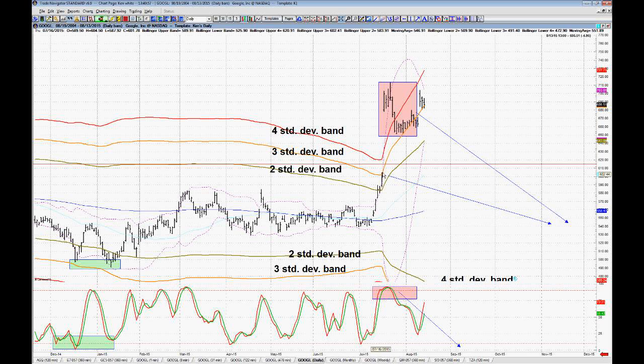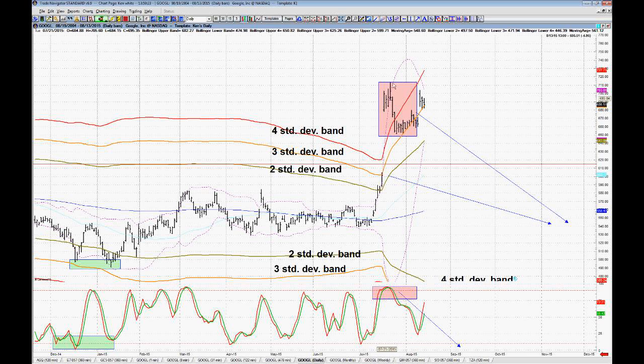Earnings come out. It explodes up through the 4. This would be the 5. This would be the 6. It probably reached the 7 standard deviation band, which is 99.9999 something percent of normality is contained within. So what happened? Well, we know that above the 3 is very hard to maintain, and certainly above the 4 is very, very hard to maintain.